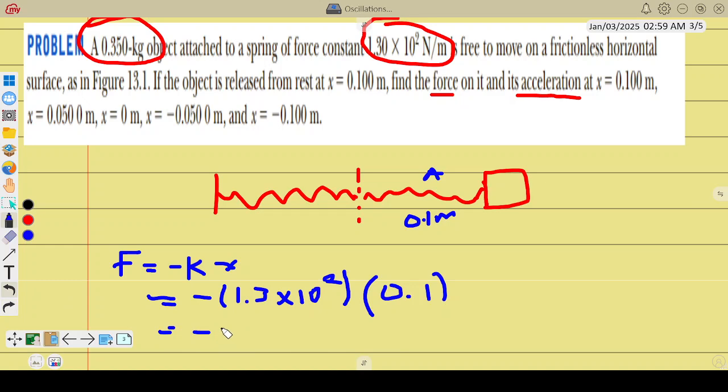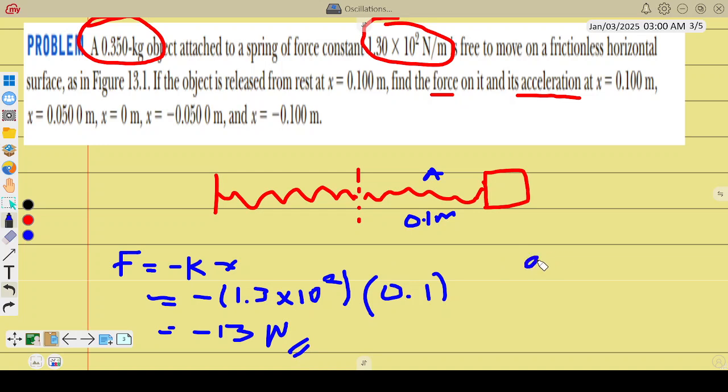I hope my answer is correct. My calculator is made in Lusaka, so don't be surprised. So 13 is our answer. The force is in newtons, negative 13 newtons.